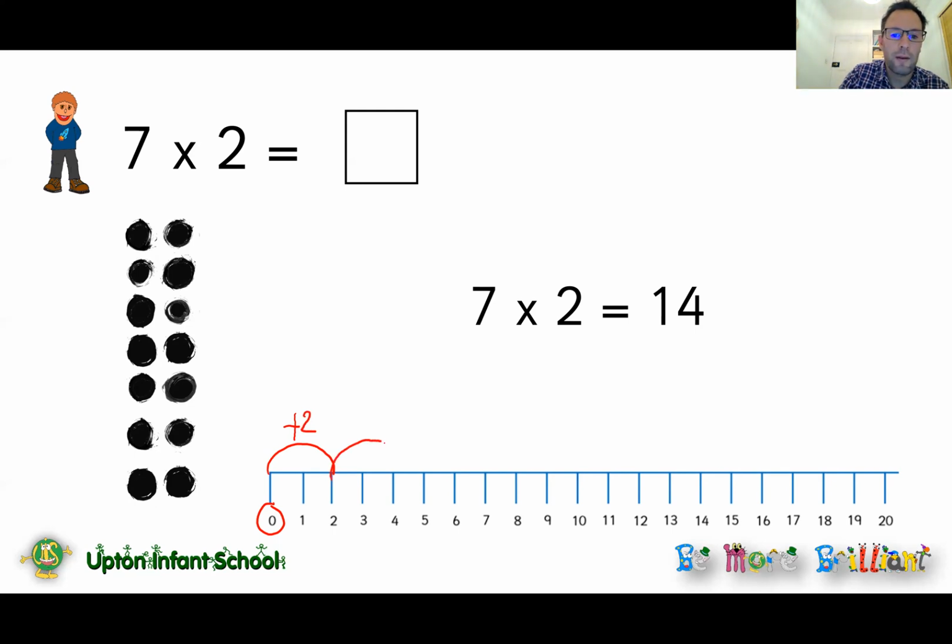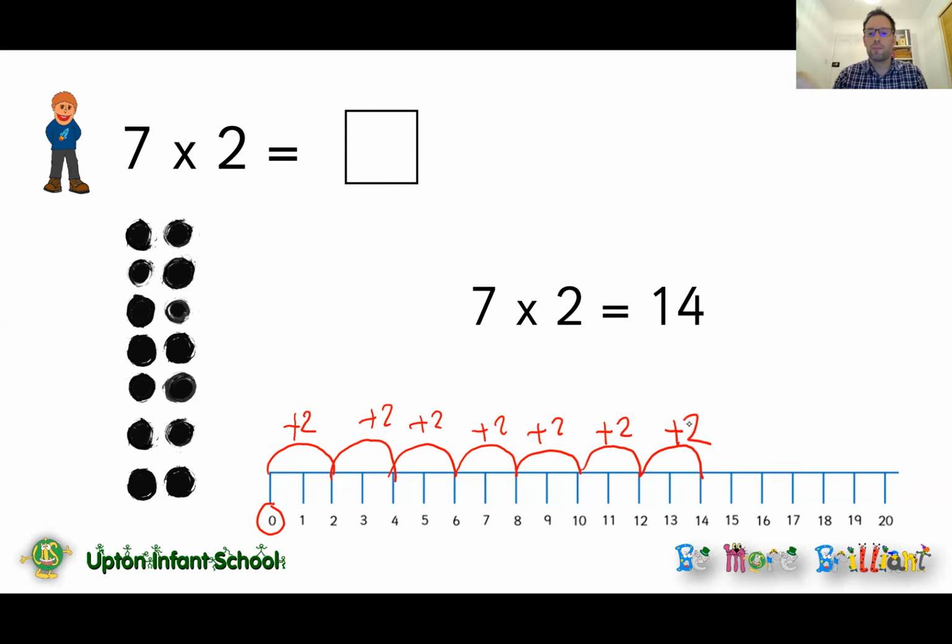So 1, 2 jumps of 2, 3 jumps of 2, 4, 5, 6, and last of all, 7. I've just drawn 7 jumps of 2 and I have landed on 14. 7 lots of 2 is 14, or 2 add 2 add 2 add 2 add 2 add 2 add 2 is 14.